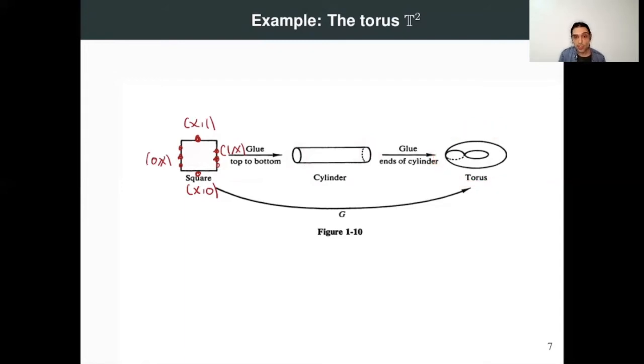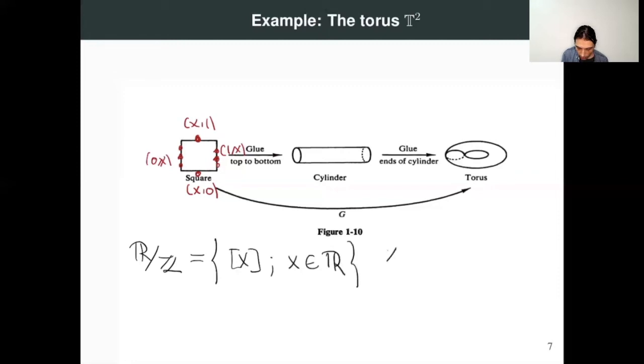If we do the same construction with R, I mean, we consider this space, the space of equivalence classes of real numbers, in which we are identifying x1 and x2 if the difference is an integer number.